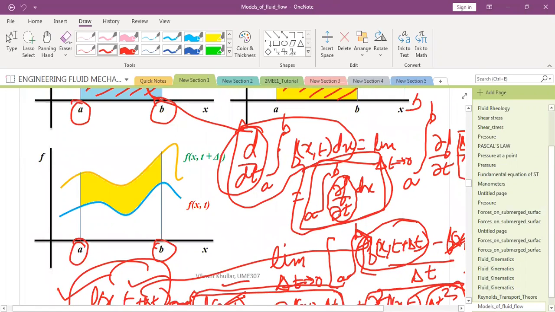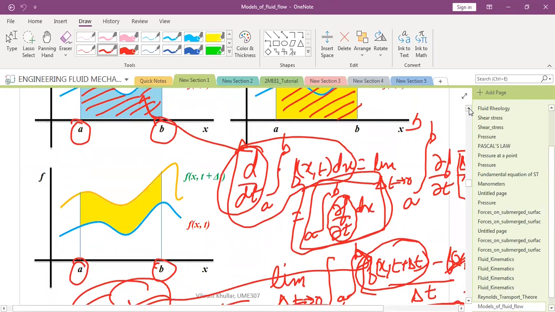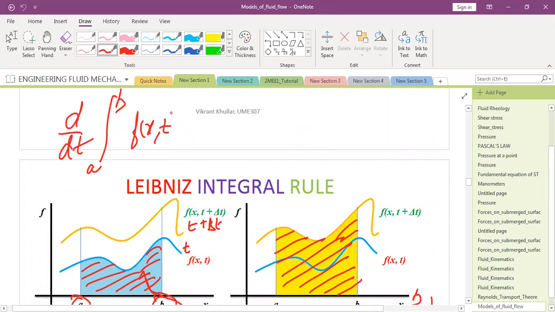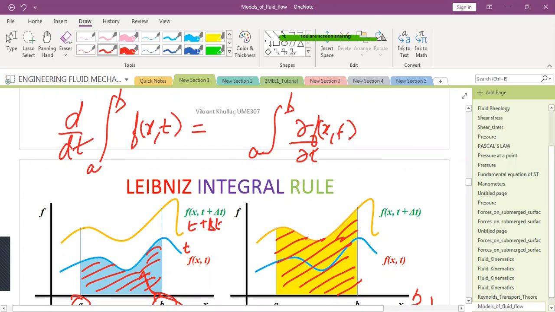Do you remember what we did last time? Yes sir. What happens is, if you have something like d by dt from a to b of f, where f is a function of x and t, then this is equal to the integral from a to b of curly f by curly t of x, t into dx.